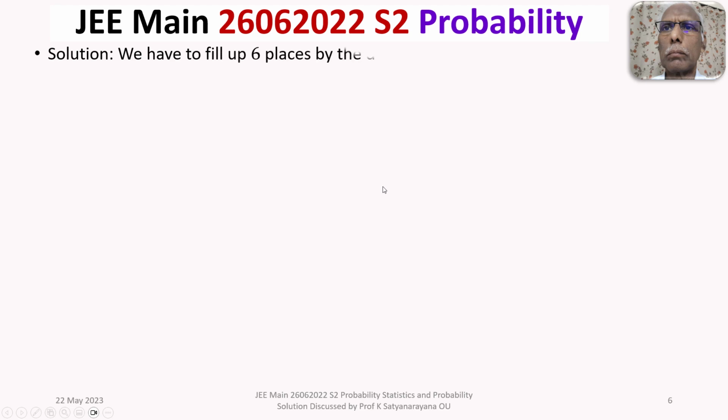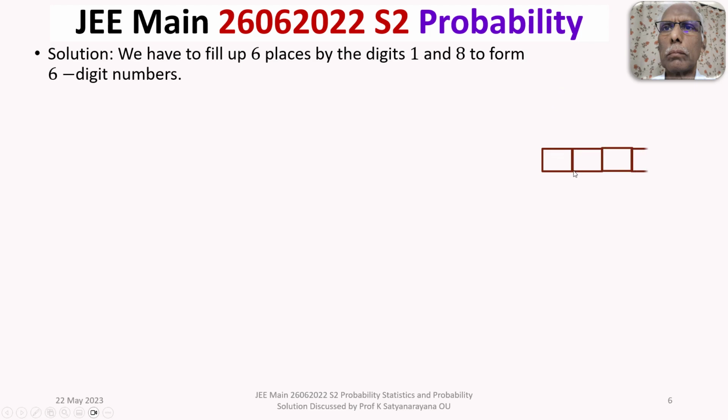We now discuss the solution of the problem in detail. First of all, how many 6-digit numbers are formed using the digits 1 and 8 only? For that, we have to fill up 6 places by the digits 1 and 8.